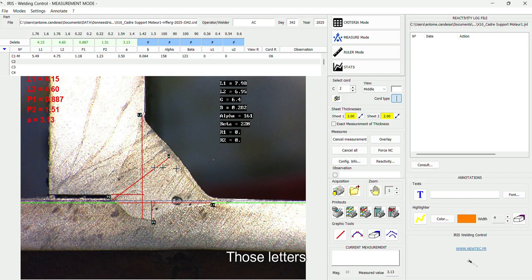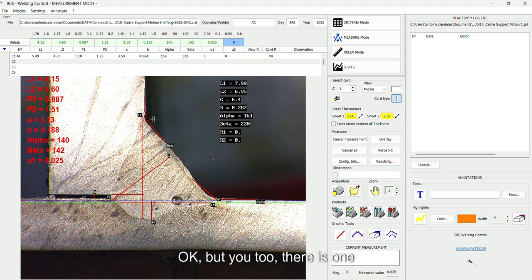Those letters can be changed. There is no issue. B, in this case, there is a gap there. I measured it. Alpha, beta is the same. The angles, one, there is none, but U2, there is one.